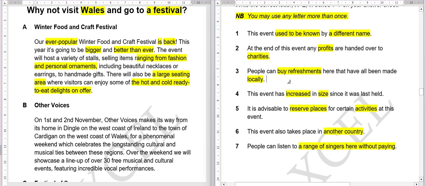If you are putting A as the answer, you should mark it. You don't have to waste time reading it again and again, because when the actual answer comes, you will know that in this particular sentence it is written that they are buying local refreshments, something like that. So if you think A is your answer, you can mark it like that. I will do this in yellow.